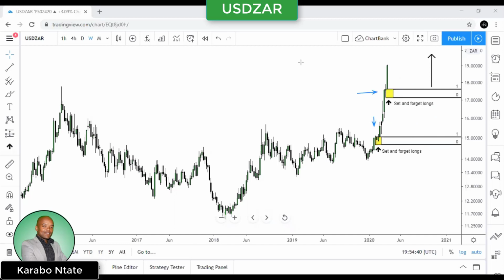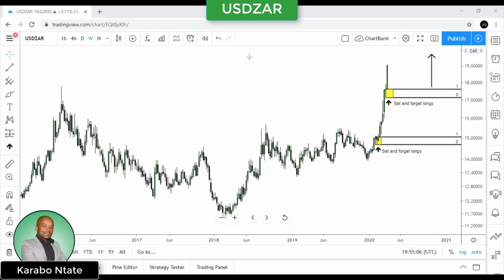So there are two scenarios which we could expect. Number one, we could have a similar situation which we got on Euro GBP. We could have also the Euro USD. We could have price next week strongly dropping into this demand zone and giving us that move higher.